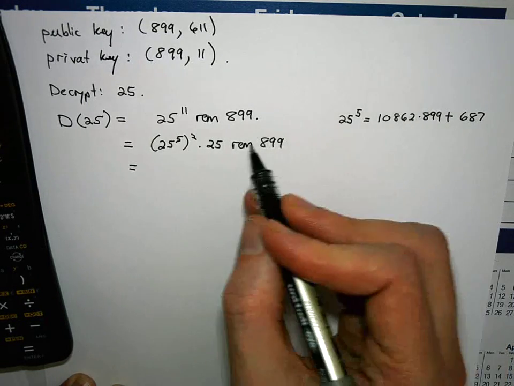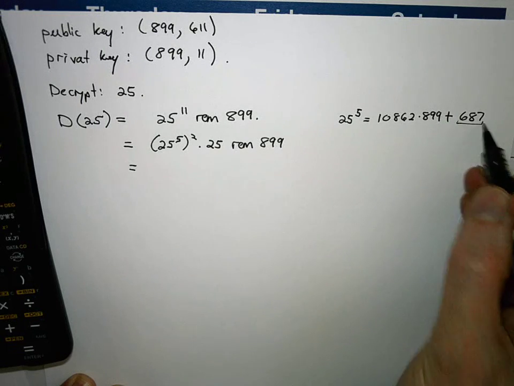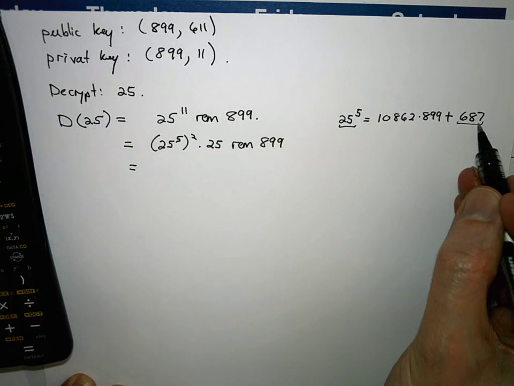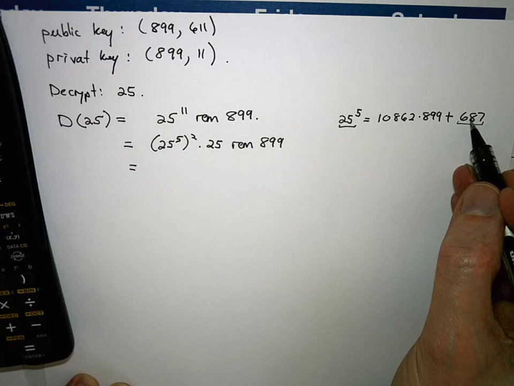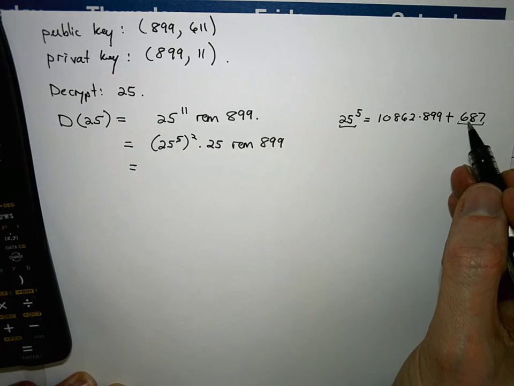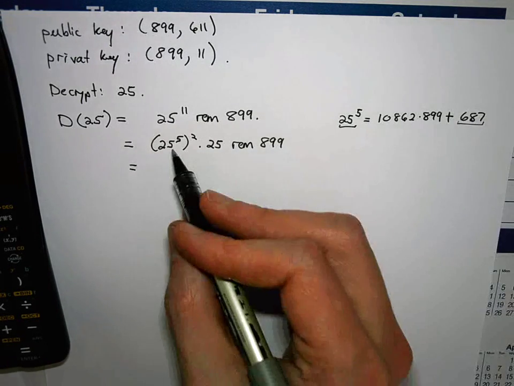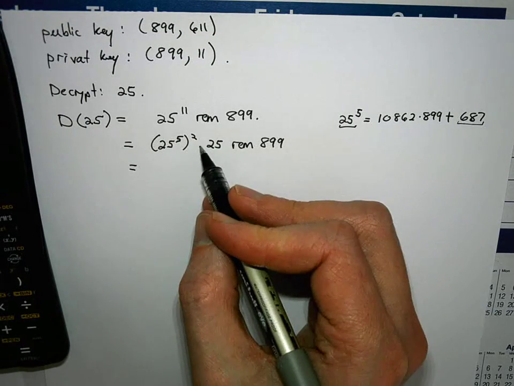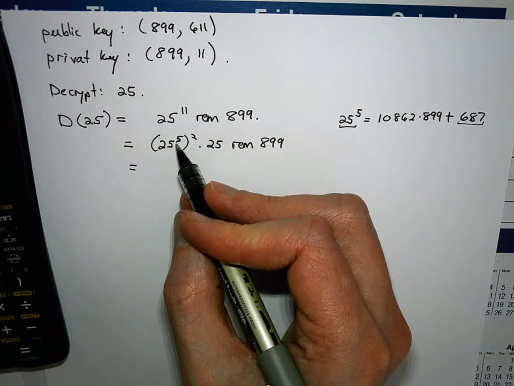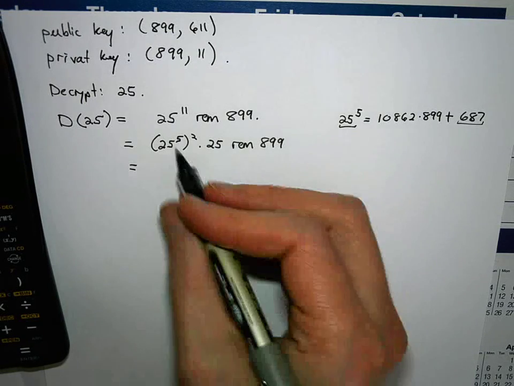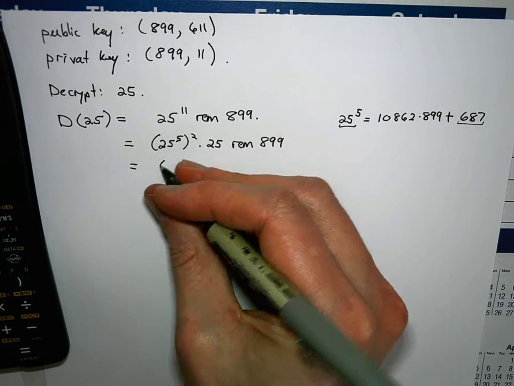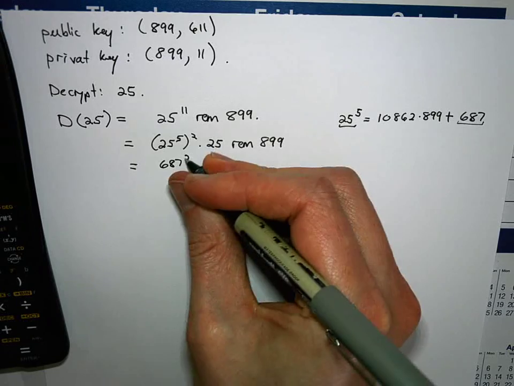They are congruent modulo 899, which means they leave the same remainder after division by 899. Laws of congruences tell me I can replace, in powers and in products, a number with a congruent number, and the result will be congruent. So I can replace 25 to the 5 with 687.